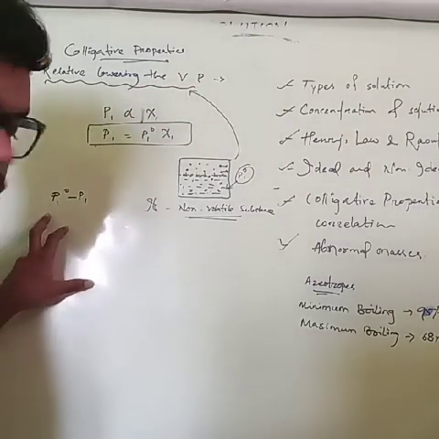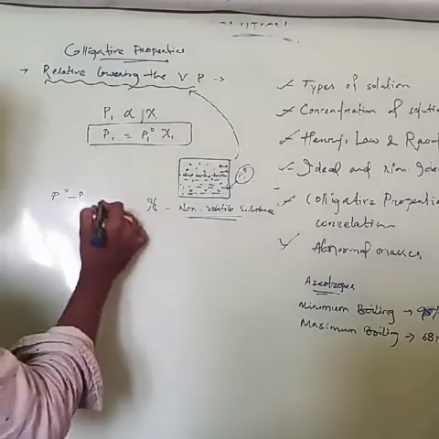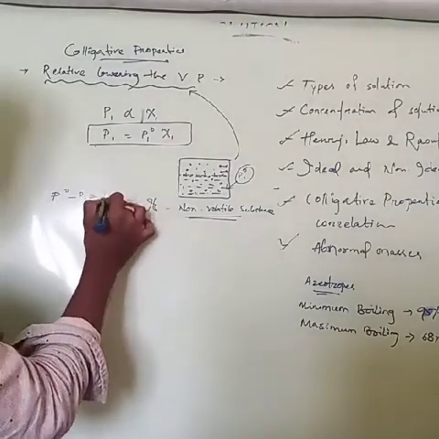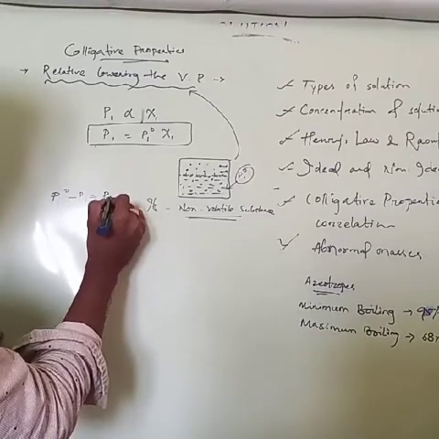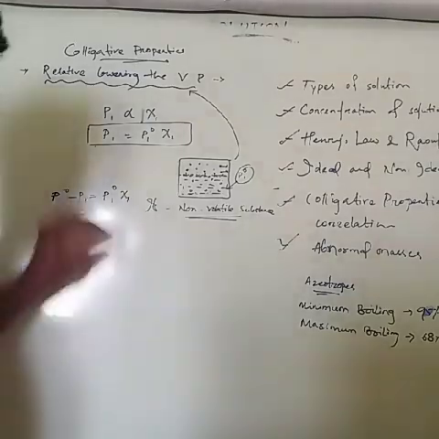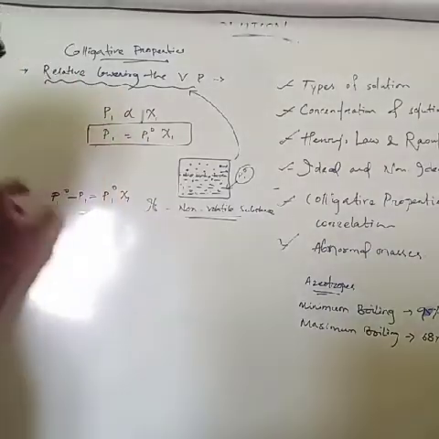So this equals, we know that, P1 naught chi 1 is the actual pressure, and this is the difference.